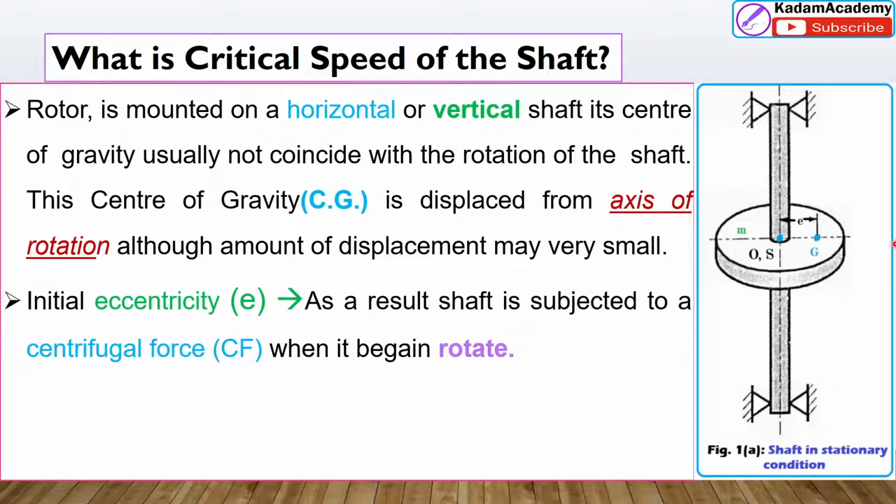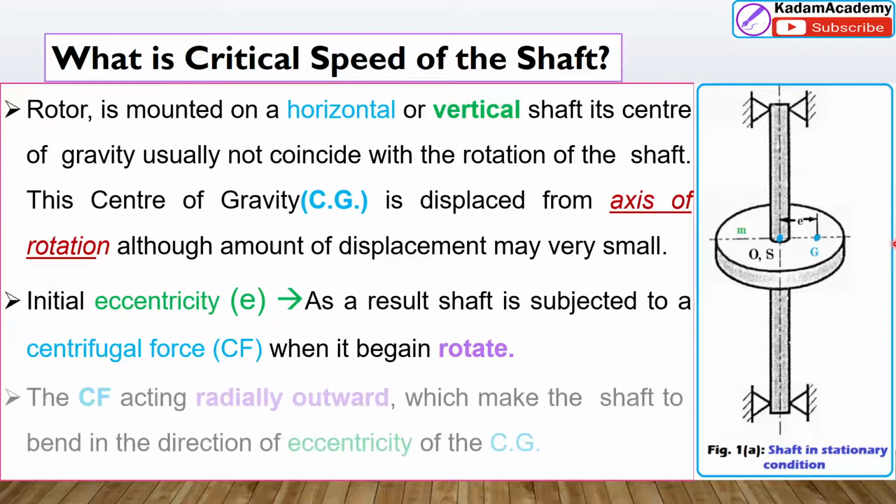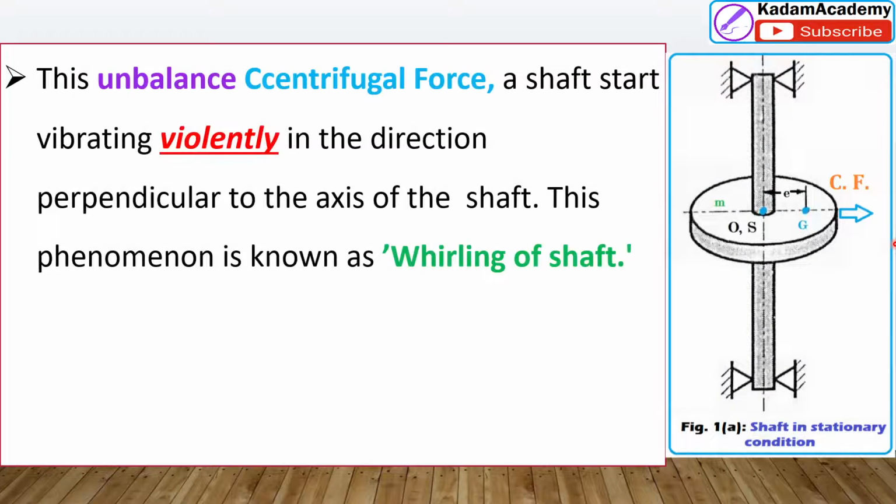So this was the reason. Because of the unbalanced centrifugal force, a shaft starts vibrating violently. This radially outward eccentricity is there. Due to this unbalance of the centrifugal force, the shaft starts to vibrate violently in the direction perpendicular to the axis of the shaft. The centrifugal force is applied here, perpendicular to the axis of the shaft, and this phenomenon is called whirling of shaft.